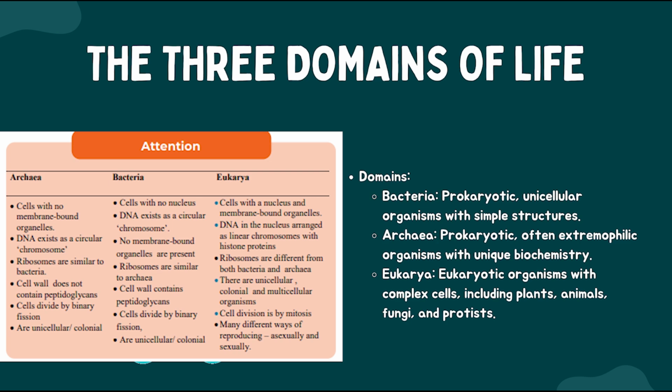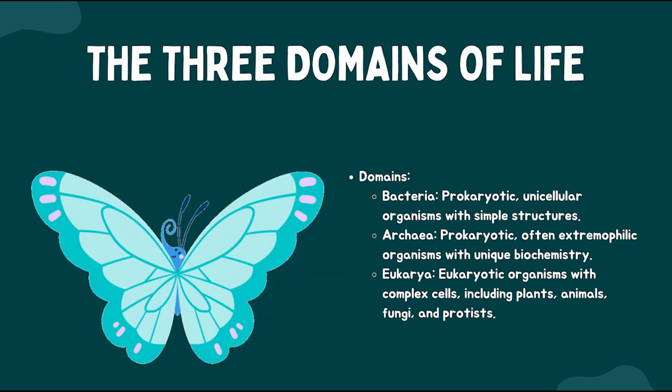The third one is eukarya. These are complex organisms with cells that contain a nucleus. The domain includes plants, animals, fungi, and protists. These domains reflect the major differences in cell structure and genetics.